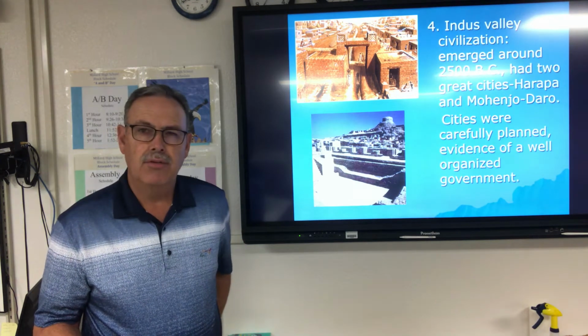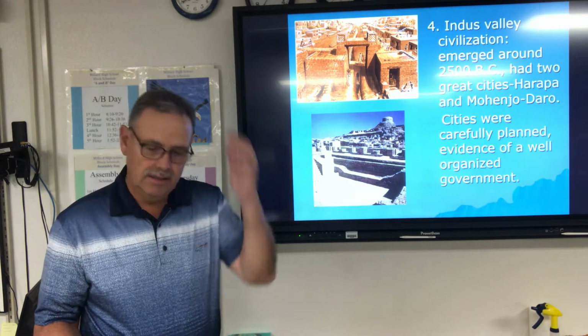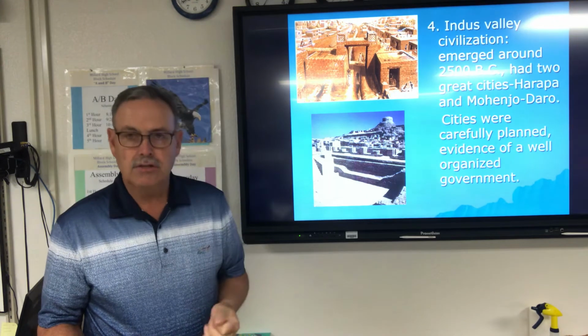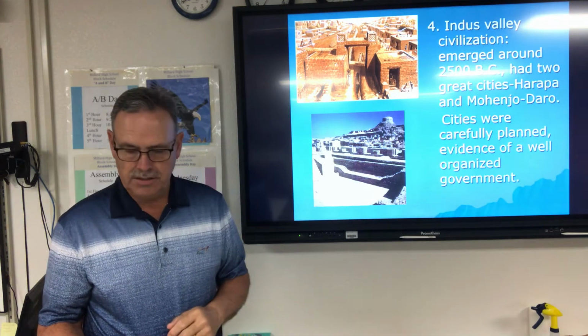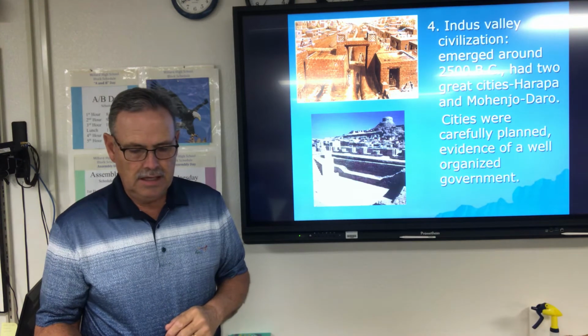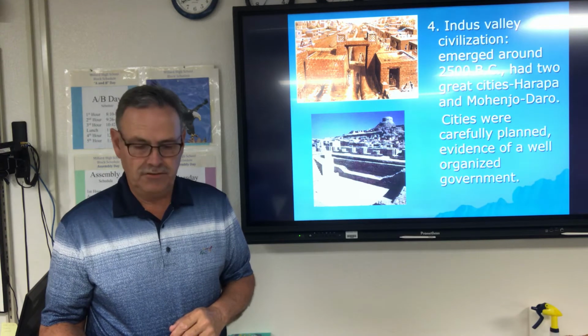Each of those had about 35,000 residents, which is pretty amazing considering that time period. There are also remains of approximately 1,000 other settlements found in this area. This was between about 3000 BC to 1500 BC.